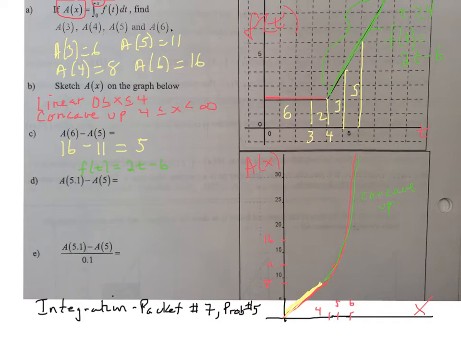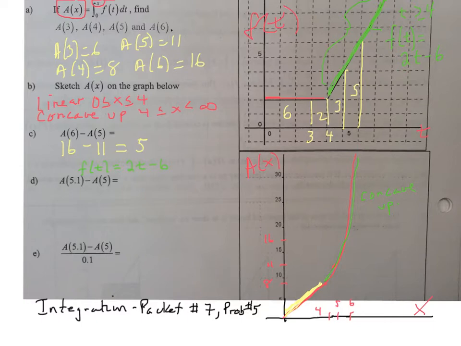Okay, if you take a look at that green part again, and you did some calculations on it, you could see that it's a linear function, and you could find the equation of that line, which I have done. I have found it to be 2t minus 6.